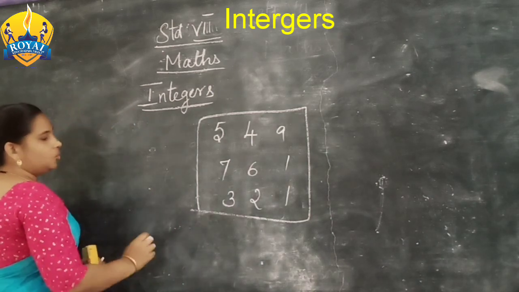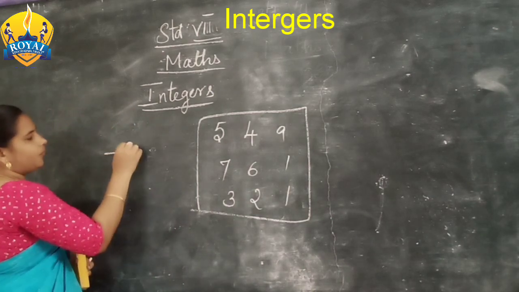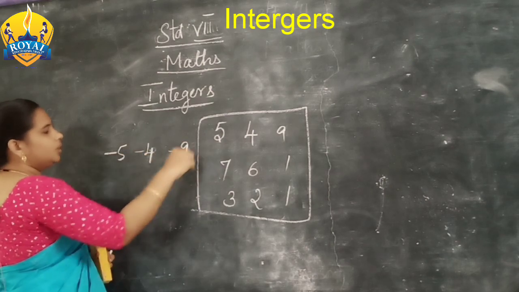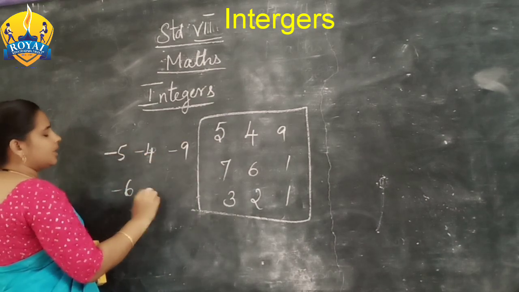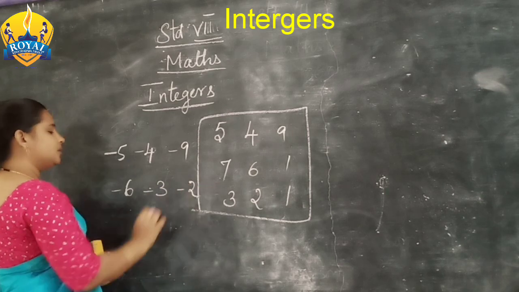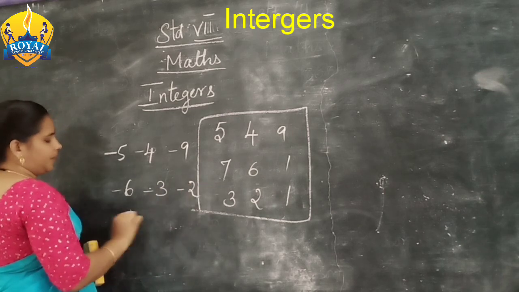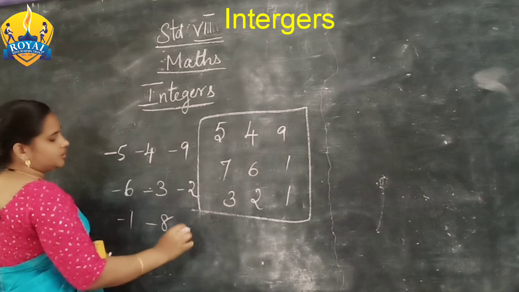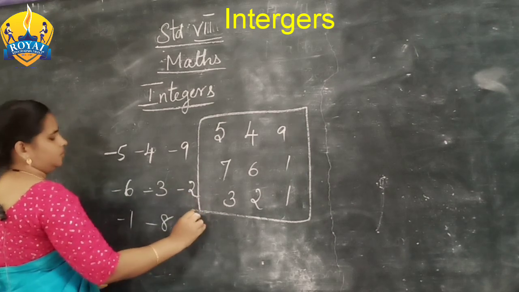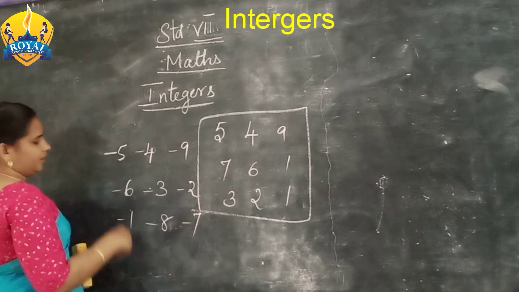Another one, look at these numbers: minus 5, minus 4, minus 9, minus 6, minus 3, minus 2, 1, minus 1, minus 8, minus 7.